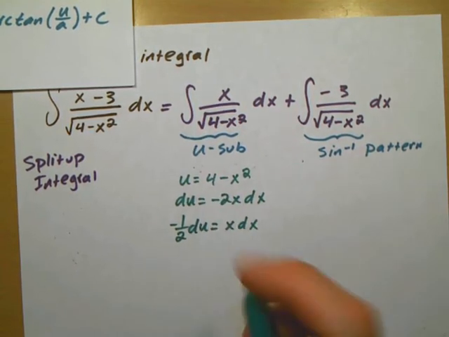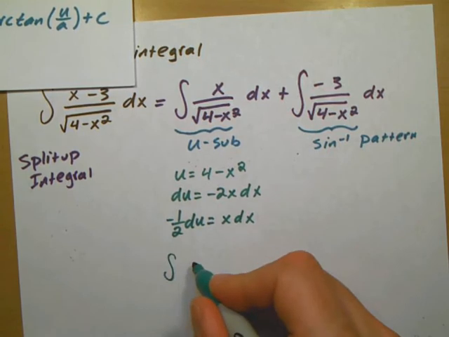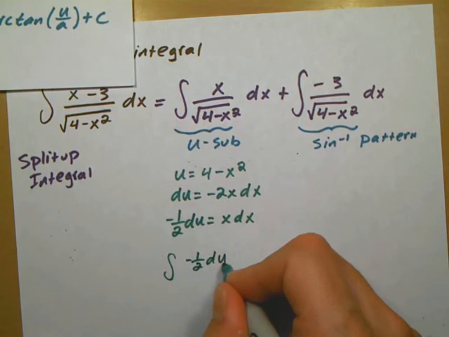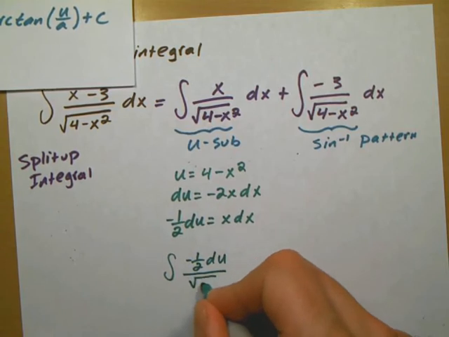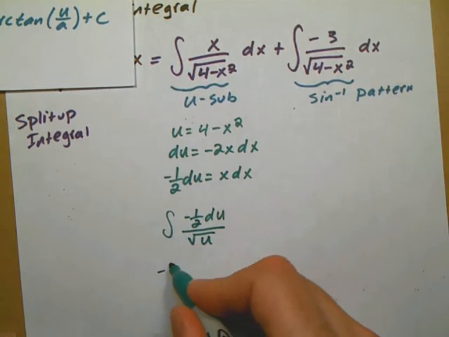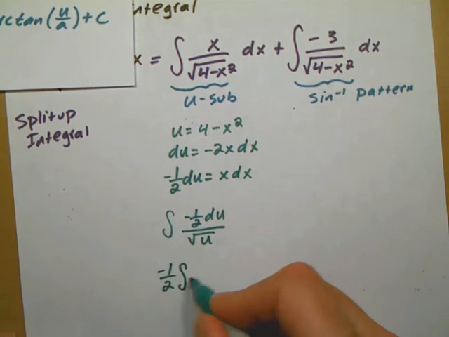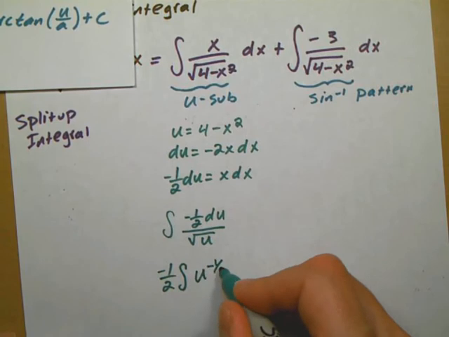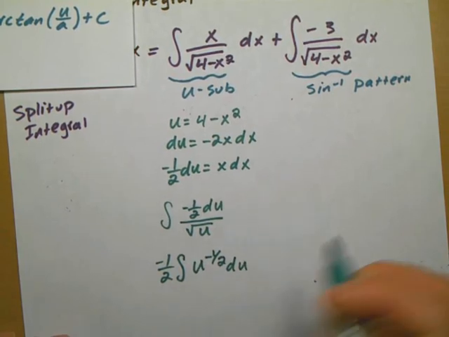This integral turns into x dx getting replaced with negative 1/2 du. This is the square root of u. I can factor out the negative 1/2. The square root of u in the denominator is u raised to the negative 1/2 power, du.